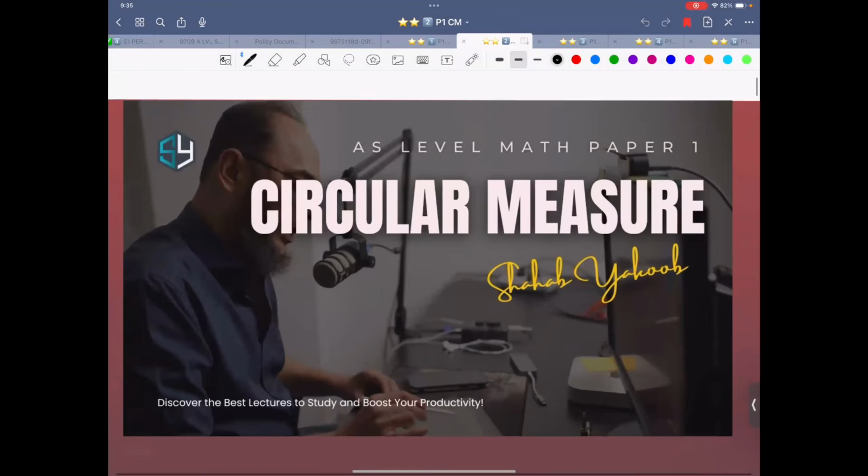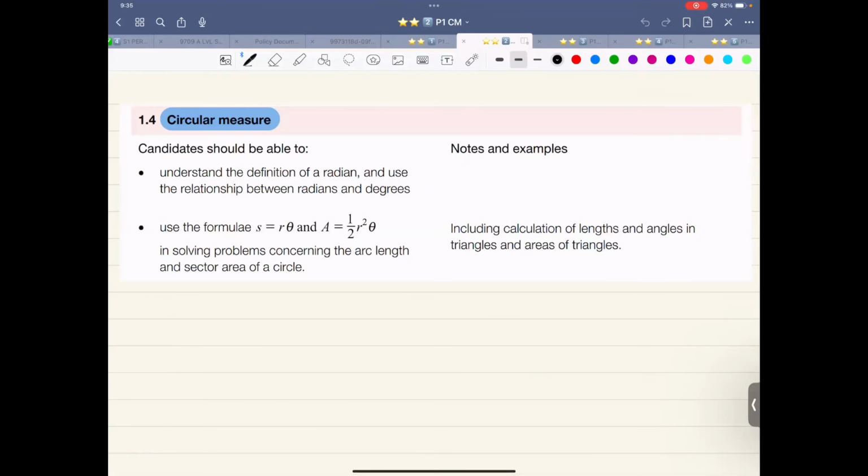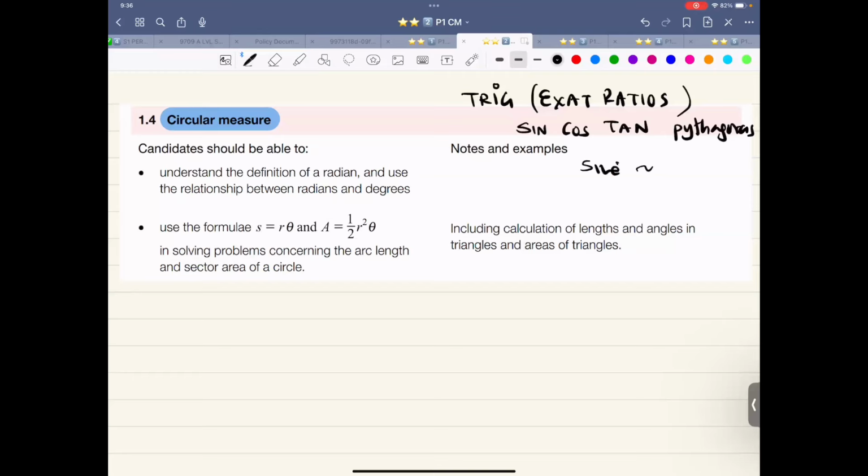The next topic is circular measure. So let's get started with the circular measure thing. You already know the syllabus. You have already studied it. There are some formulas that we need. We need some exact trig ratios. We need sine rule, cosine rule, and so on: sine, cos, tan, Pythagoras, sine rule, cosine rule.